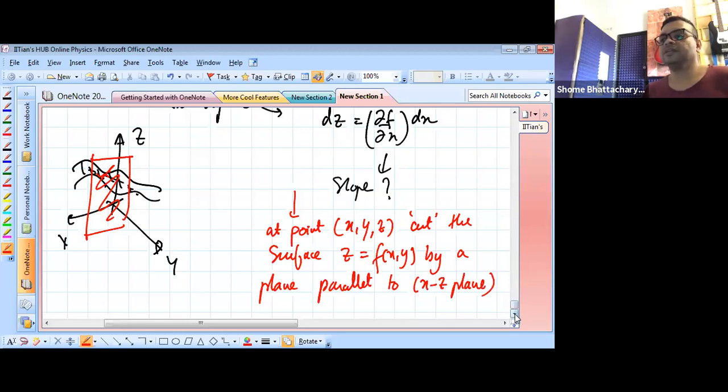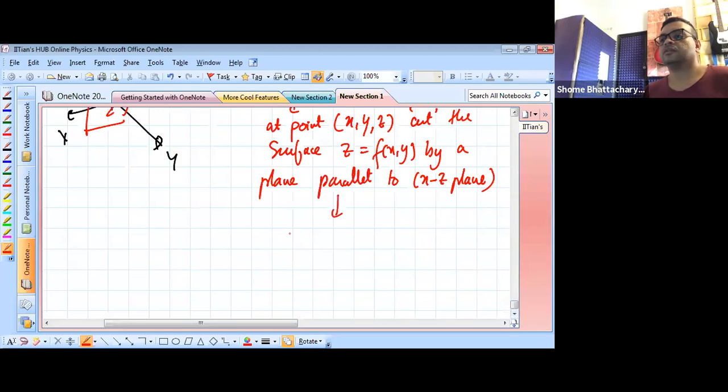Then that plane will cut the surface. It will give an intersection which is a curve on that plane. That surface and the plane intersect to form a curve which is on that plane with which you have cut.